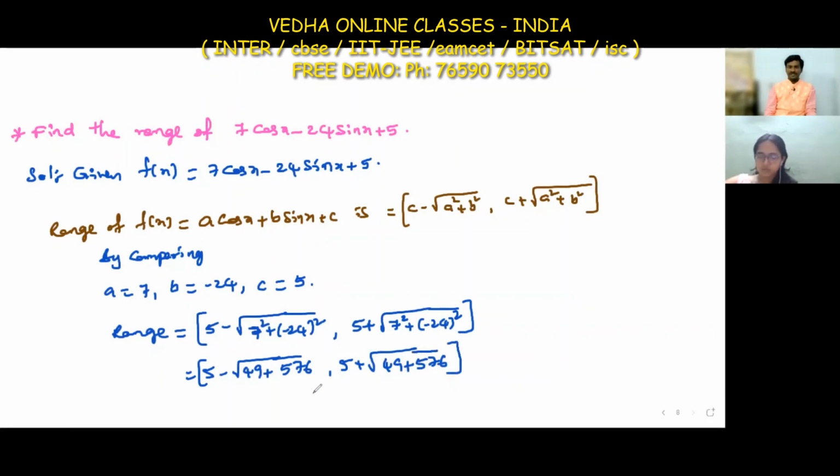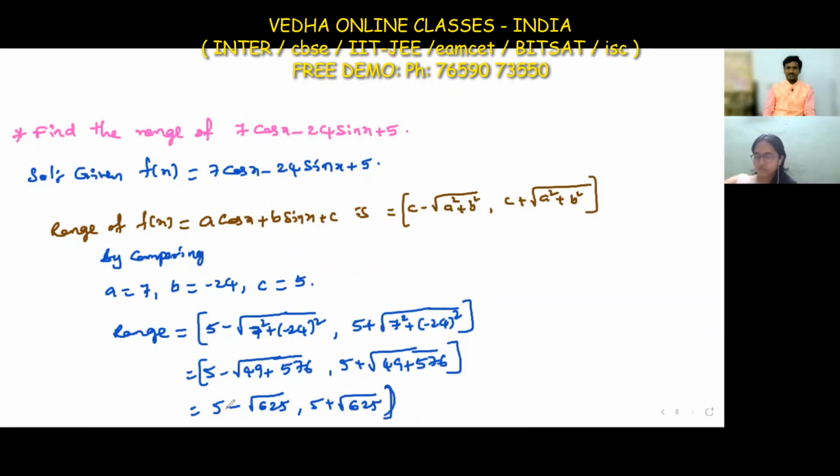And 5 plus root of 49 plus 576. What is 576 plus 49? 625. So it is under root of 625, and root 625 is nothing but 25 square.